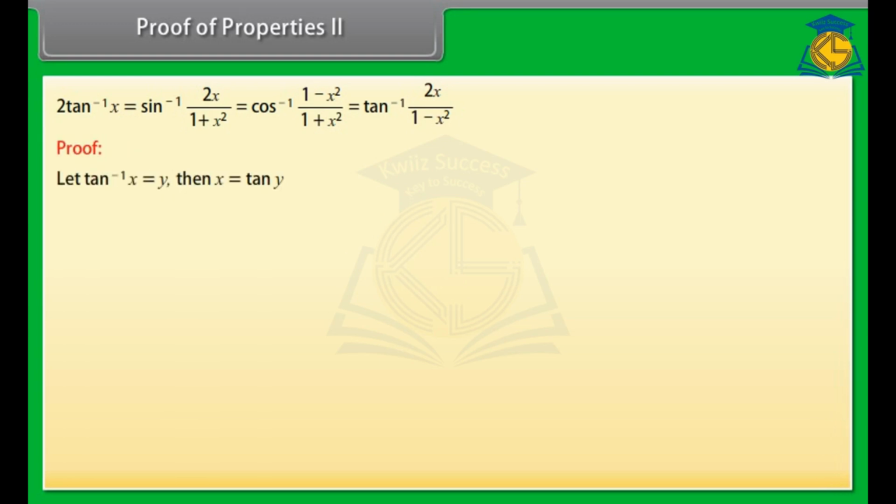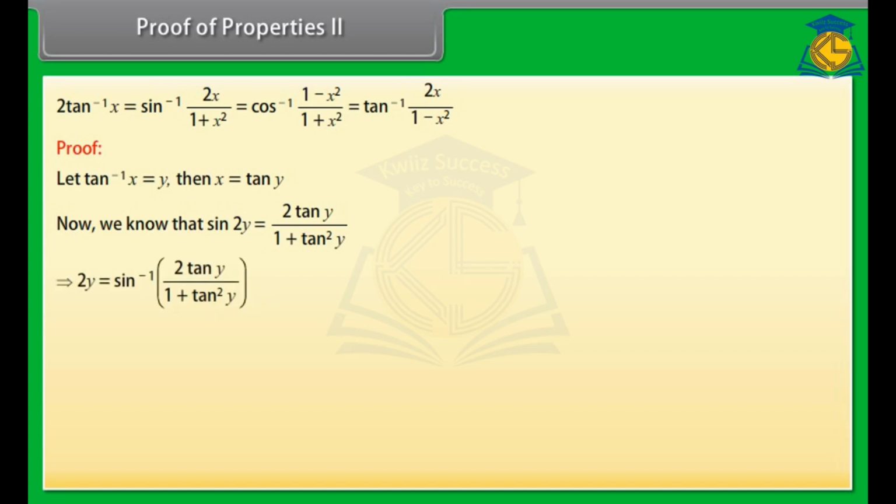Let tan inverse x be equal to y, then x is equal to tan y. Now, we know that sin 2y is equal to 2 tan y by 1 plus tan square y. It implies that 2y is equal to sin inverse of 2 tan y by 1 plus tan square y.